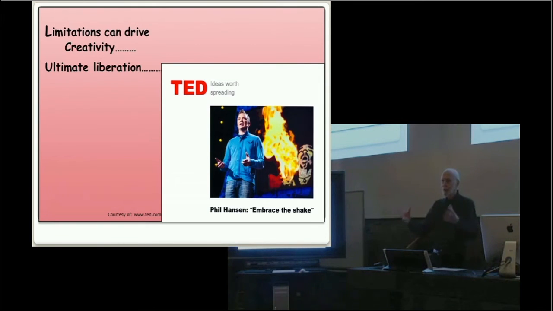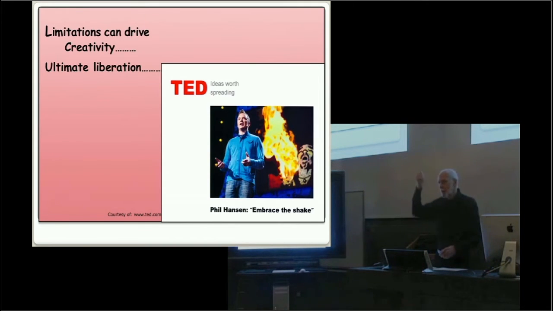And he was loaded with all of this equipment. And he said, it was paralyzing. He said, I had so many options with all of this wonderful stuff that I had bought. I didn't know what to do with it.